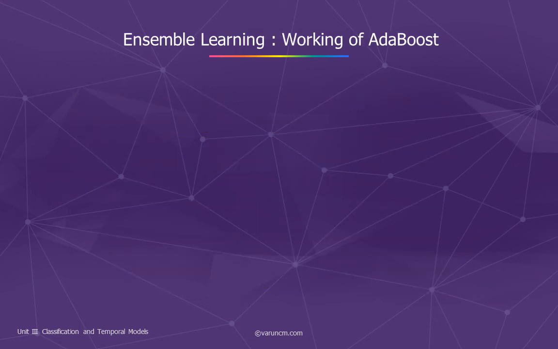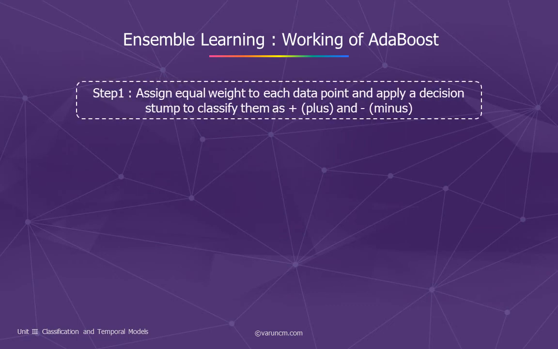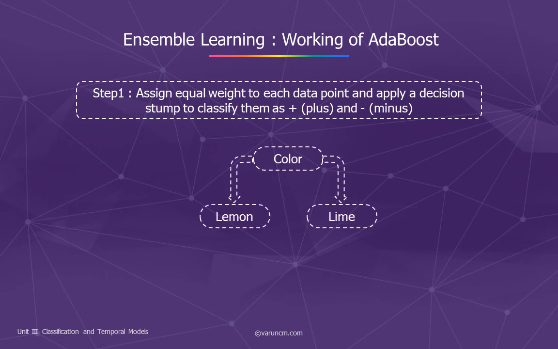How does this Adaboost work? So first it assigns equal weight to each data point and applies a decision stump to classify as plus and minus. So here we are going to get a decision tree. Based on color, if it is yellow it goes to lemon, and if it is green it goes to lime.